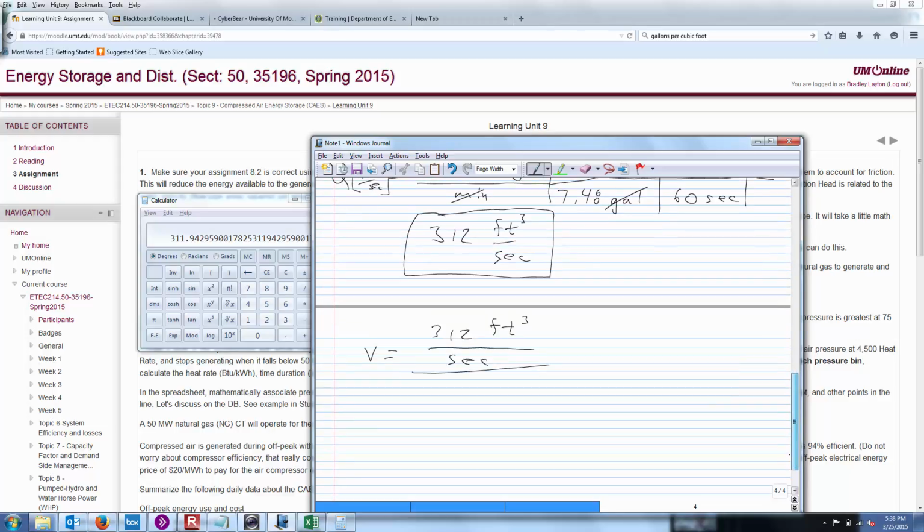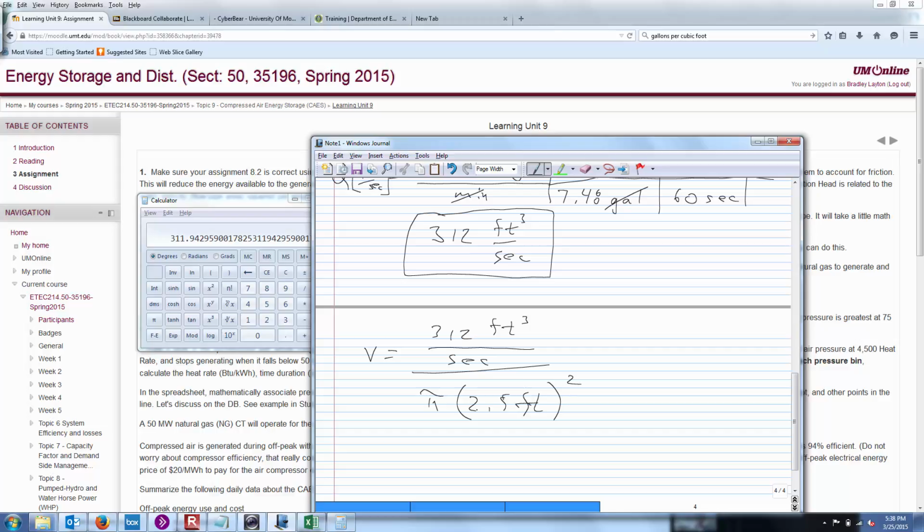And the area is pi times r squared. What's the radius? 2.5 feet? 2.5 feet. And we're going to square this whole thing.